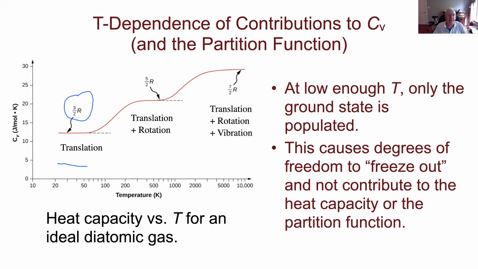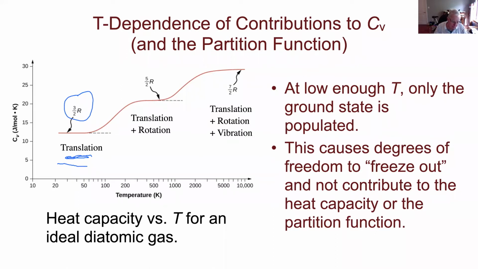In this case, it's a diatomic molecule, but that's still the heat capacity down there because the only motion that my molecule has right now is translation. It's so cold that none of the rotational states or vibrational states are excited. I'm in the ground state for rotation and vibration, and I just have translational states populated. 3/2 R is then the expected heat capacity, and that's what we actually see if we measure these.